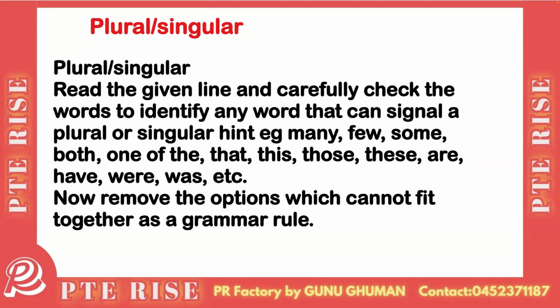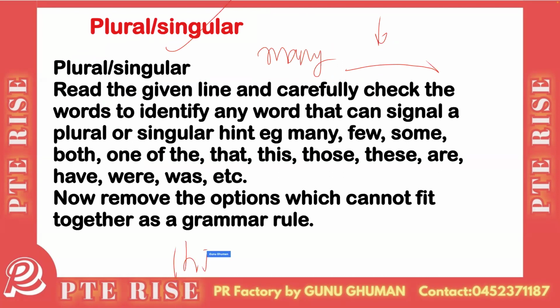Are we good? Along with that, plural and singular, I already helped you. Sometimes you just have to say, if they say many, blank, what will be the answer? Plural or singular? Many blank. So what word will be there? Plural or singular? Okay.